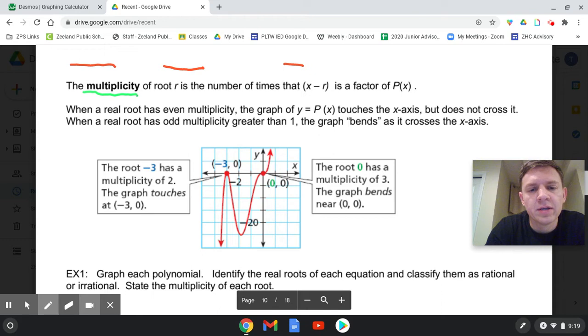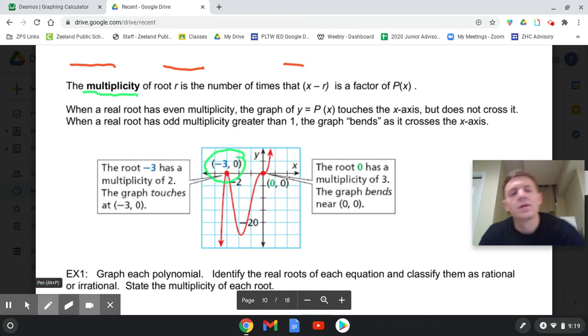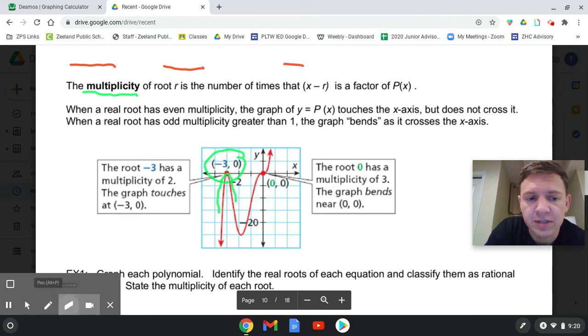When you have a situation like this, where the curve comes up and I think of it as bouncing off of the x-axis, it doesn't actually cross it.